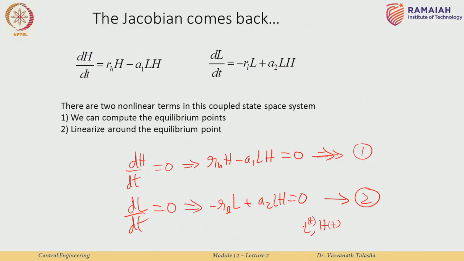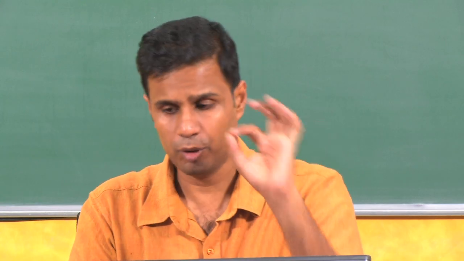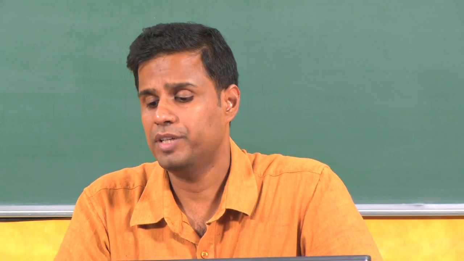The trivial solution of this equation being equal to 0 and that equation being equal to 0 is L of t equal to 0 and H of t equal to 0. So, this is one equilibrium point. Remember in the previous example, we had a one dimensional system, so the equilibrium point was just a single scalar value.